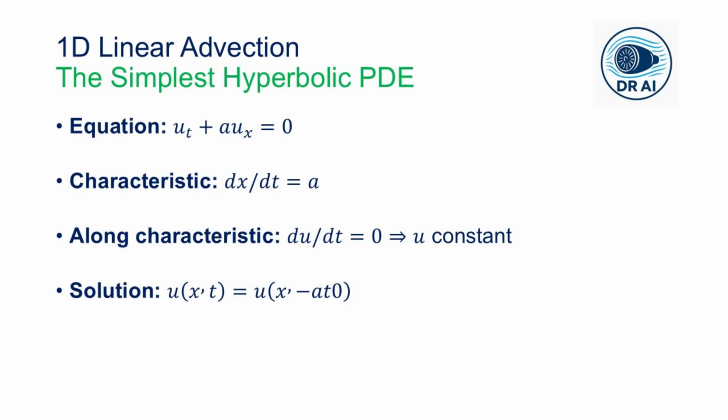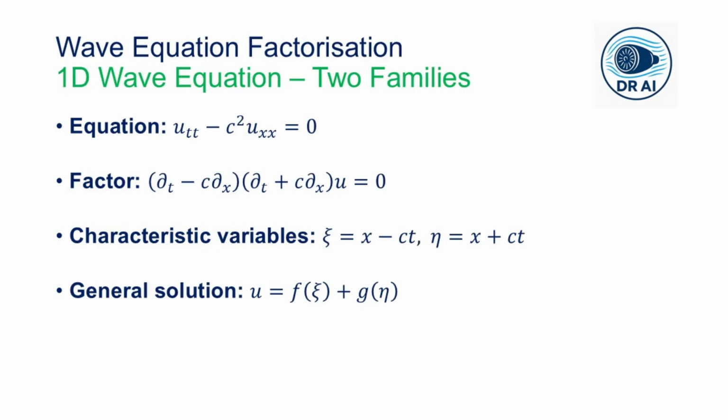The second step is establishing the compatibility relationships: along the characteristic, convert the PDE into an ODE for how the solution varies. Thirdly, we integrate along the characteristics, using the initial or boundary conditions to obtain the solution. For a linear system, this is often analytic. For nonlinear systems, we usually discretize on a numerical grid.